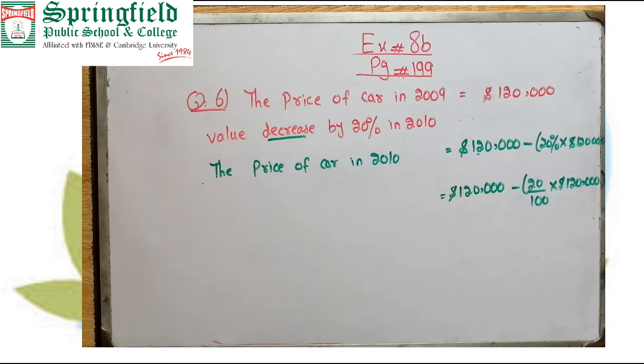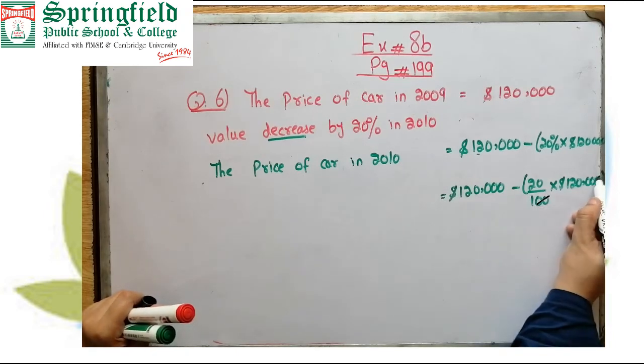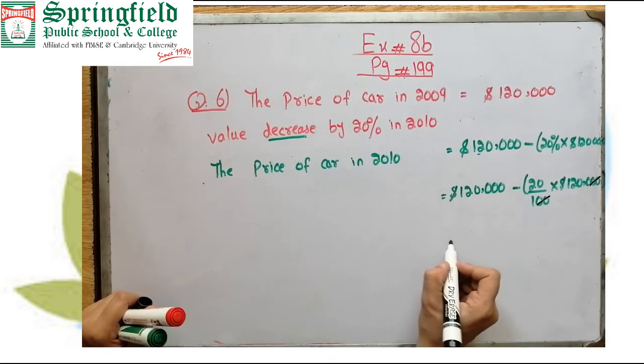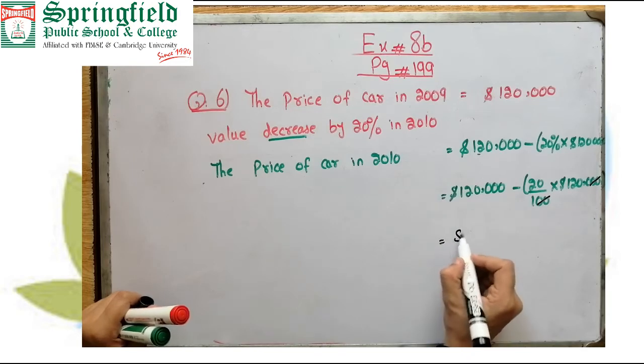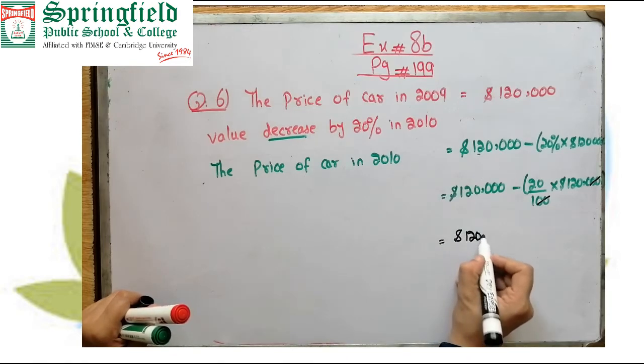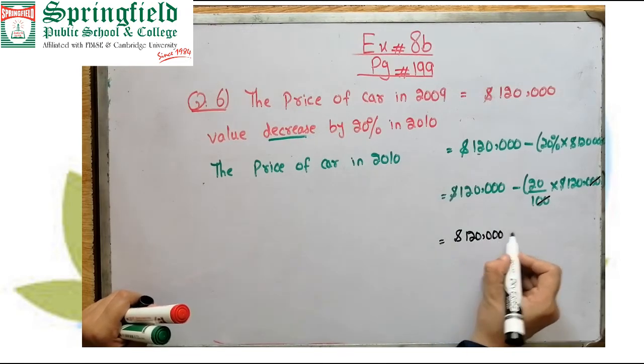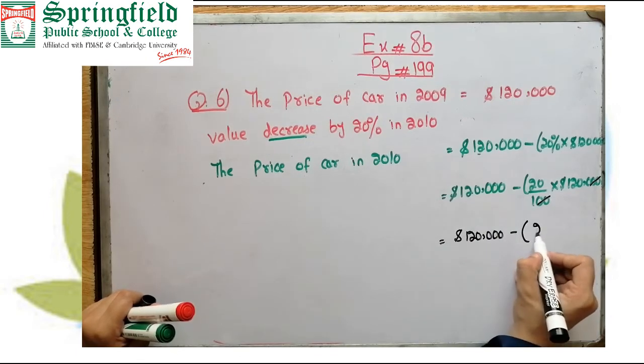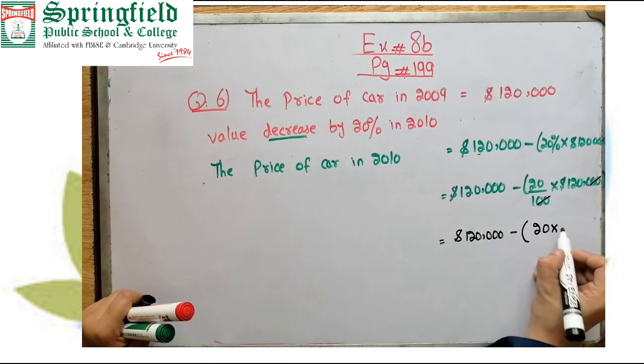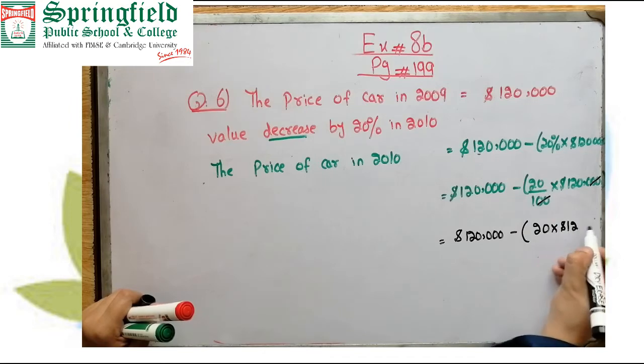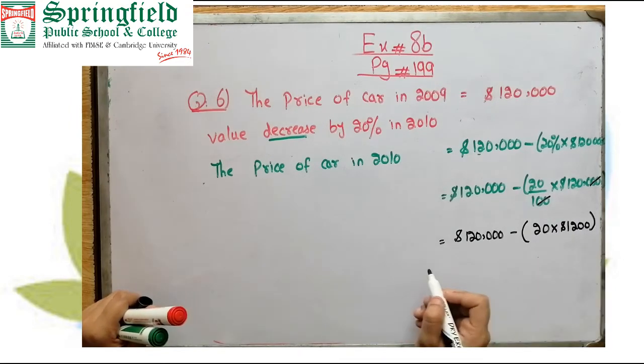We can cut the 20s. Then $120,000 minus 20 multiplied by $1,200.